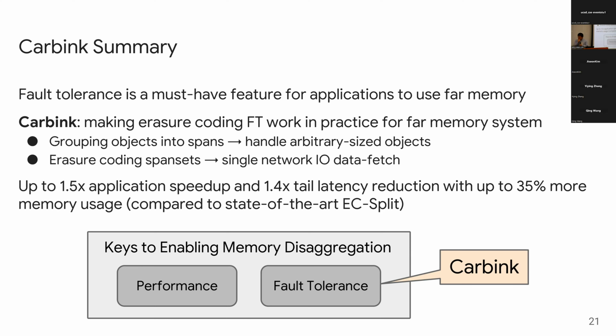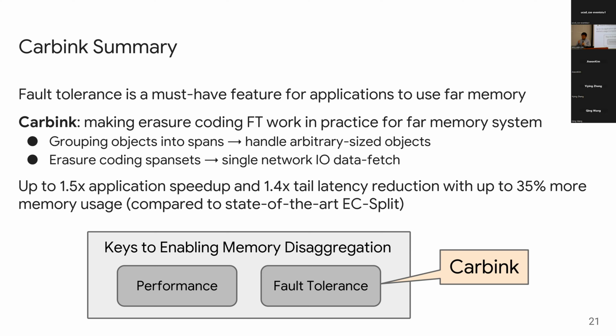The reason is that the AIFM or Carbink approach touches individual objects. You have the ability to control what size of object you put on remote. So in our Carbink work, we actually put the large objects in remote memory.